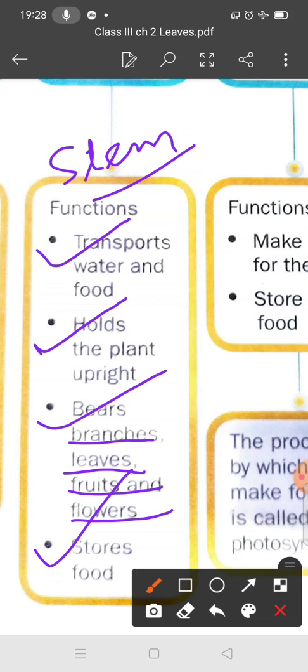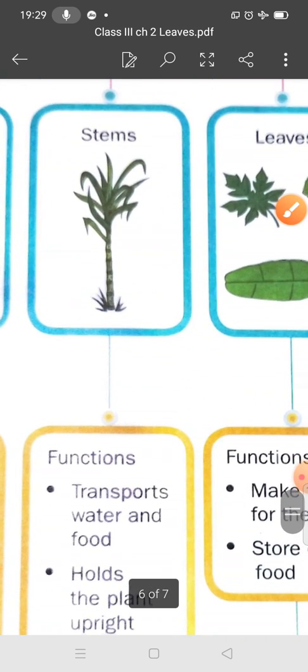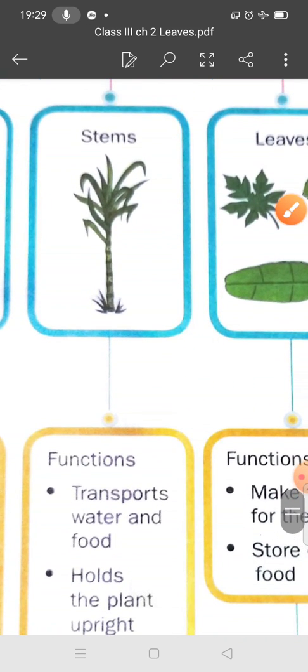Some stems of the plant also store food that is eaten by us. You can take the example of potato and ginger. They are modified stems. And also sugarcane, we eat the stem of the sugarcane. So I hope you understand the function of the stem.